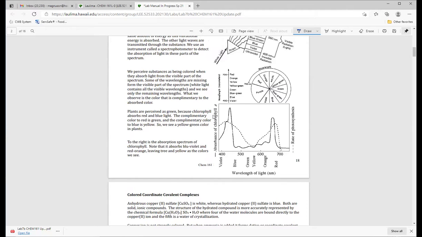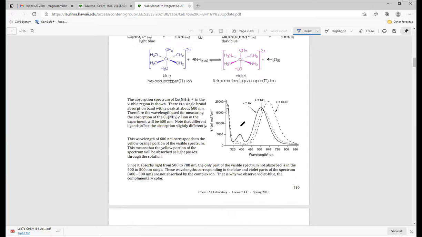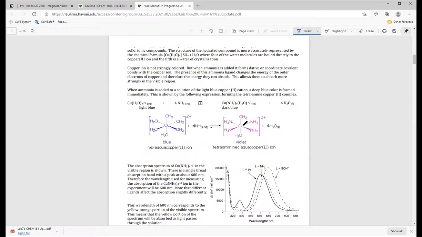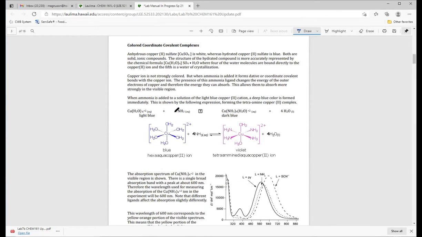Rather than use that, let's just jump right into our complex. I'm going to have to do the whiteboard. So this is our complex.